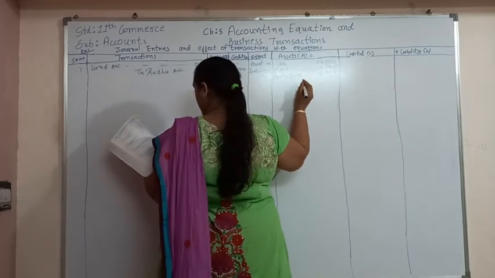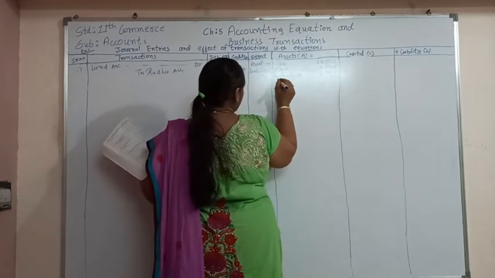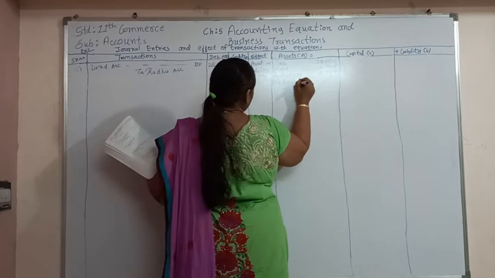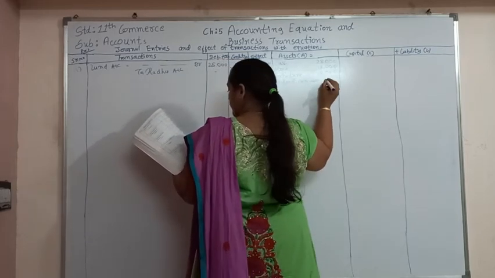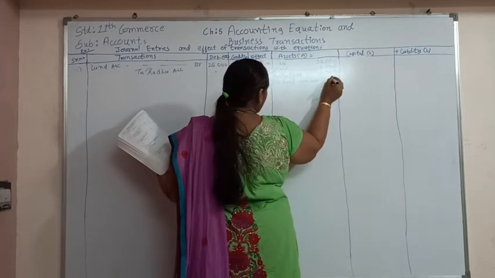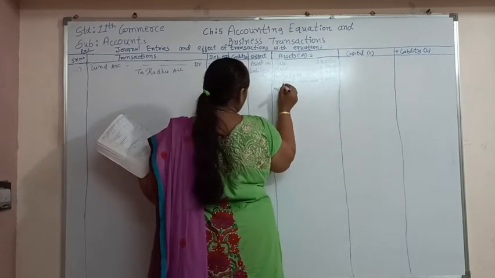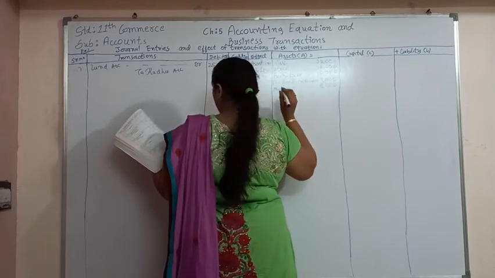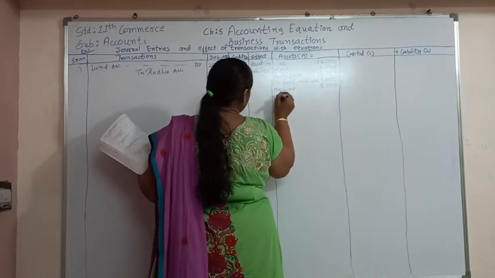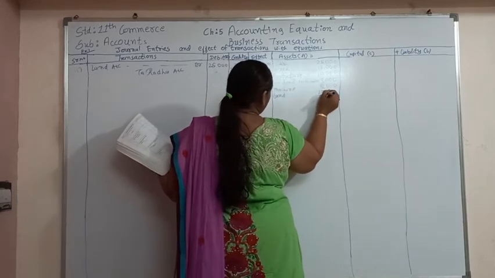Then dividend receivable is of rupees 9,000. Machine of rupees 8,000. And another asset called land is of rupees 25,000.